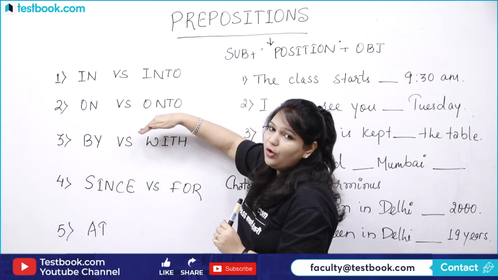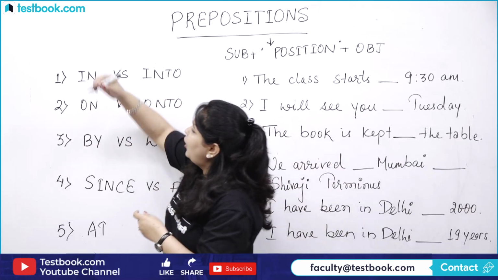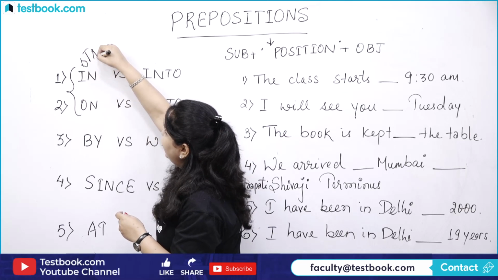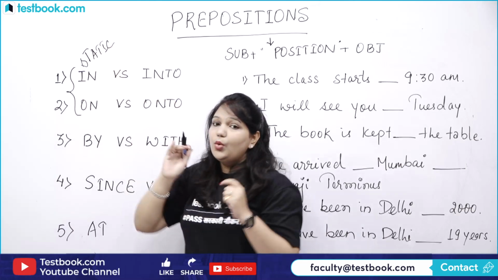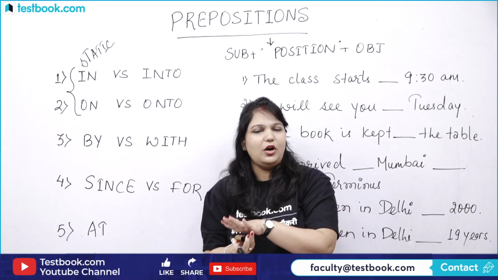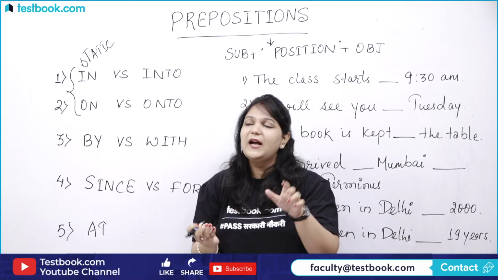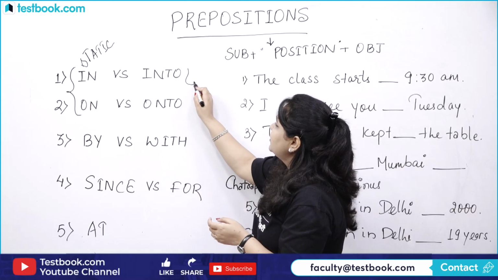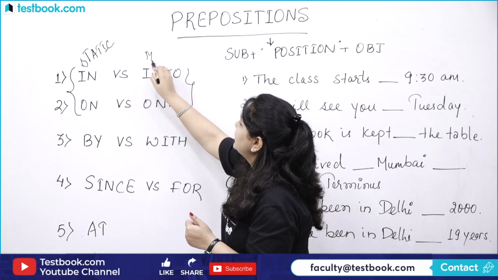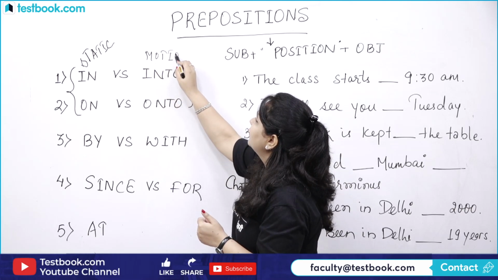Now into and onto. In and on both of them are used for static things. When things are still, not moving, we cannot have any sign of motion. But when we use into and onto in our sentences, it displays motion.